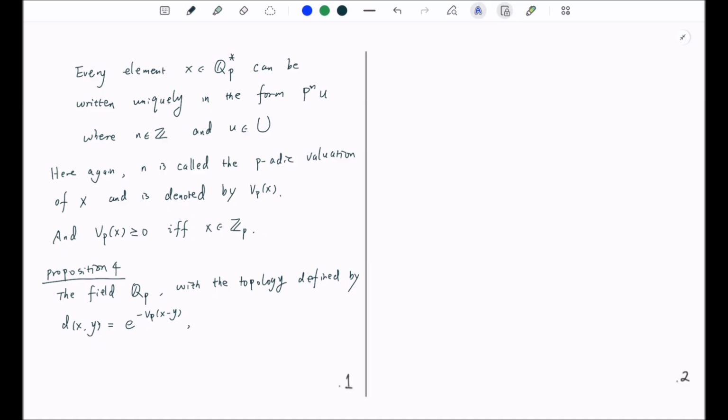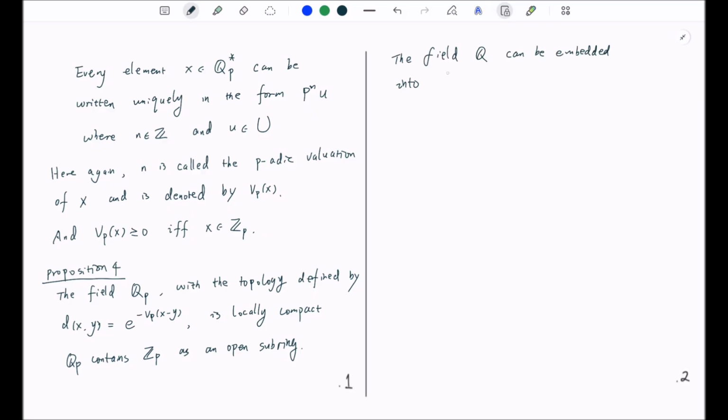But under this metric topology, we have Q_p is locally compact, and Q_p contains Z_p as an open subring. And the field Q, the field of rational numbers, can be embedded into Q_p as a dense subset. By the same proof as in the Z_p case, this d is again a metric.